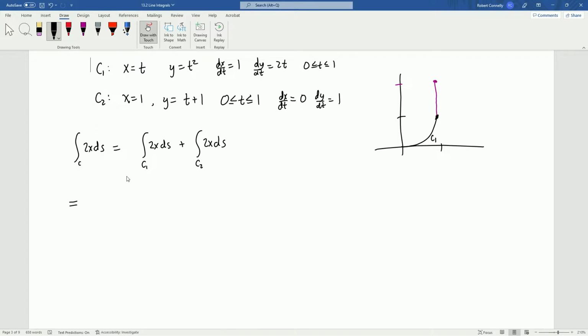So for our first curve, we get the integral from 0 to 1 of 2x, which is t, times ds, but ds is the square root of (dx/dt) squared, so that's 1 squared, plus (dy/dt) squared, which is 4t squared, dt, plus the integral from 0 to 1 of 2 times x, which in this case is just 1, times the square root of (dx/dt) squared, that's 0 squared, plus (dy/dt) squared, which is 1 squared.